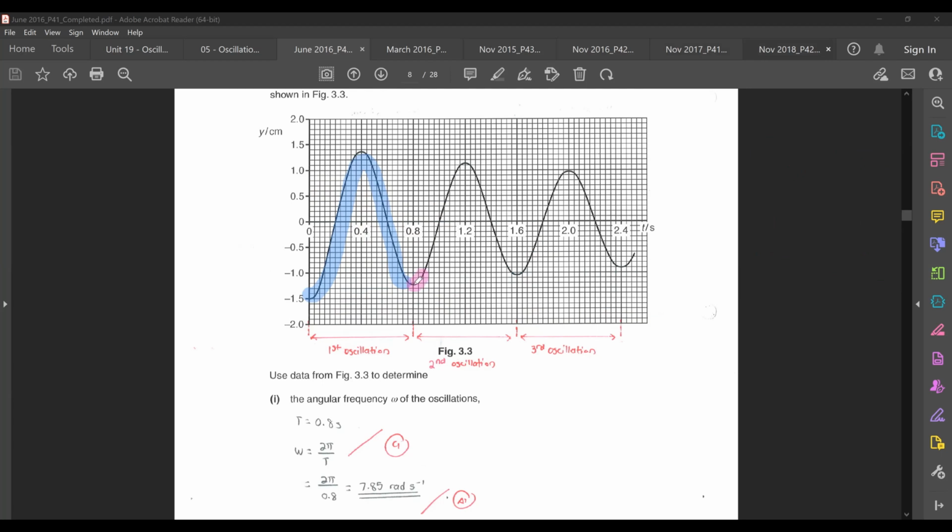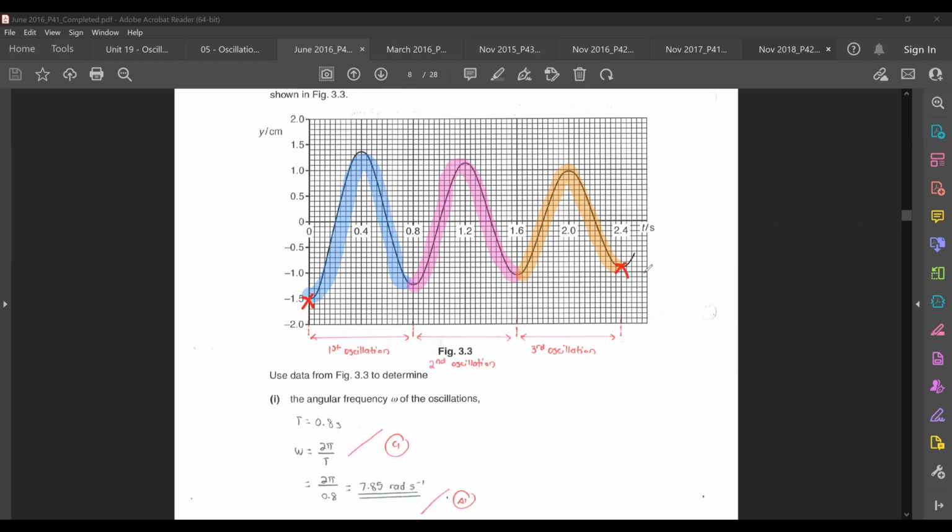This is another oscillation. And then this is another one too. So this 3 is your 3 oscillations. They want the energy loss for the first 3 complete oscillations, meaning they want the energy loss between this point and this point.